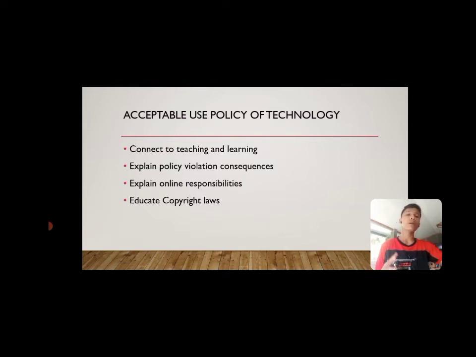So the third one is explain online responsibilities. As future teachers, we must explain the online responsibilities of students in using any platforms of technology, so that they are knowledgeable enough in using that technology and avoid hurting other people.